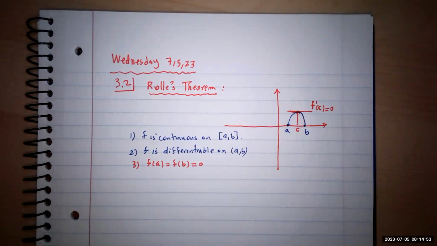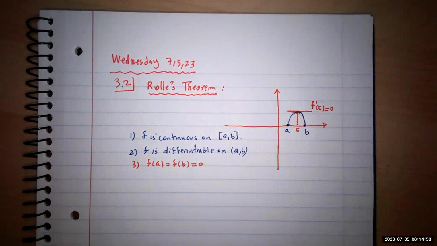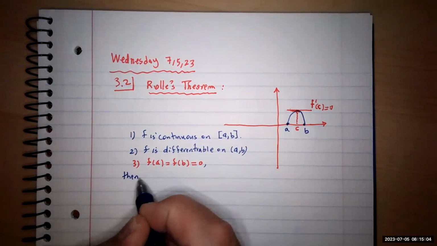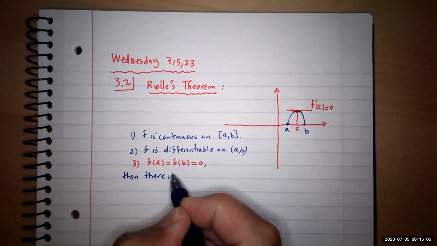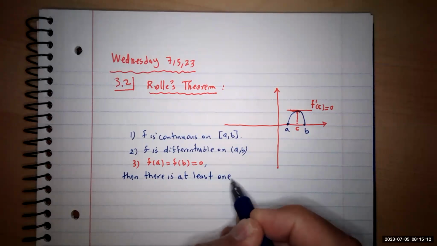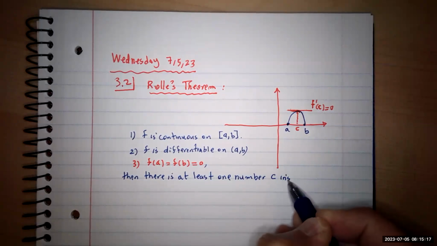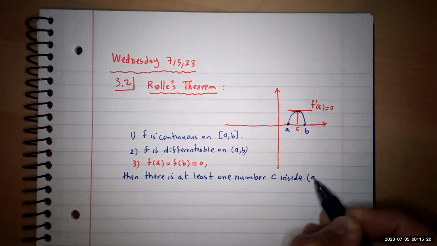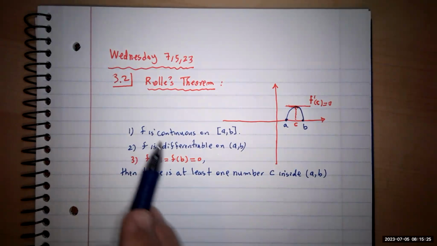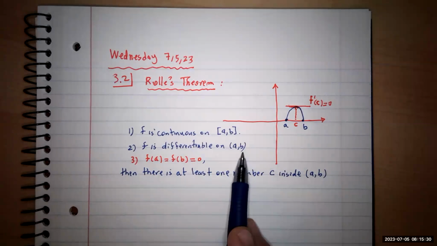That's Rolle's theorem. So what's Rolle's theorem? Rolle's theorem tells you that if these 3 conditions are satisfied, then there is a number, at least one number (you may have more), C inside A and B. It cannot be at the boundaries with the conditions that we have, because we talk about the derivative, and the derivative only exists inside the interval.